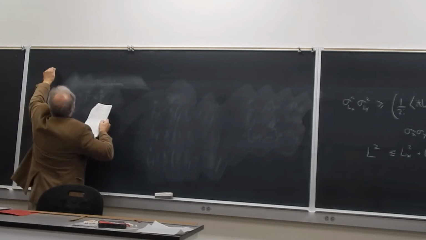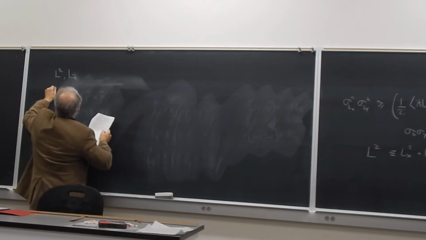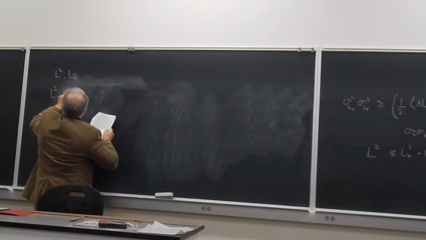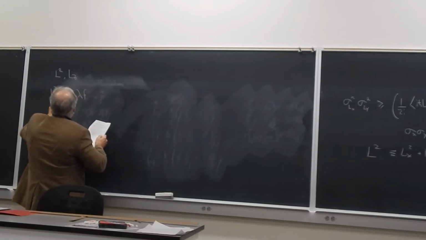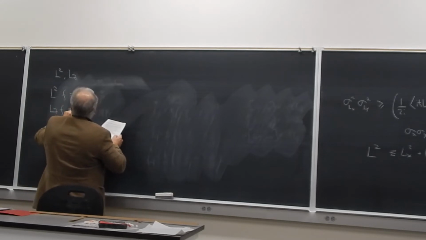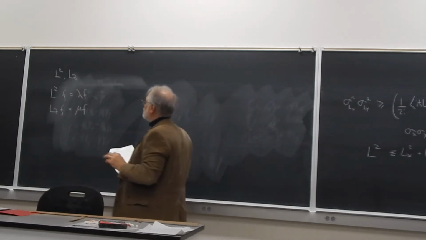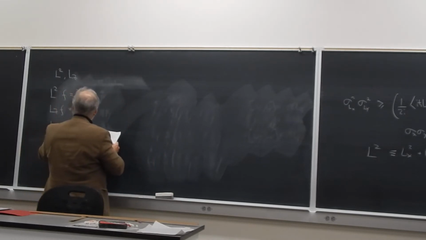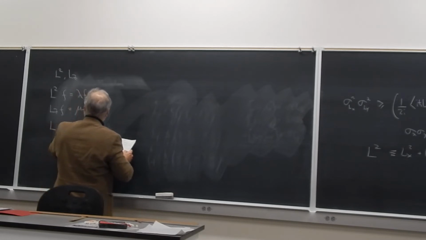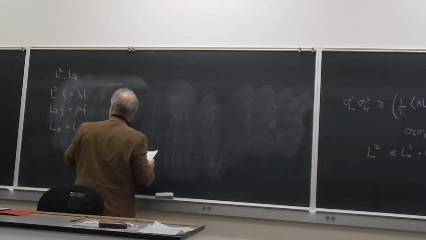Look for eigenstates of L squared and Lz such that L squared operating on some eigenfunction f gives me lambda f, and Lz operating on f gives me some eigenvalue mu times f. So f is our eigenfunction in this case. And we're going to define two operators. We'll call them L plus and L minus. We'll just do them together: Lx plus or minus i Ly.